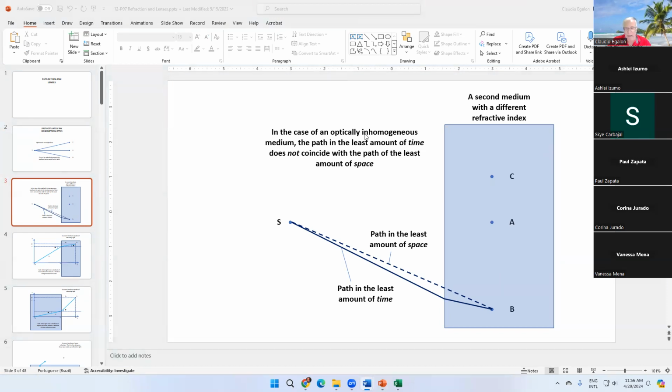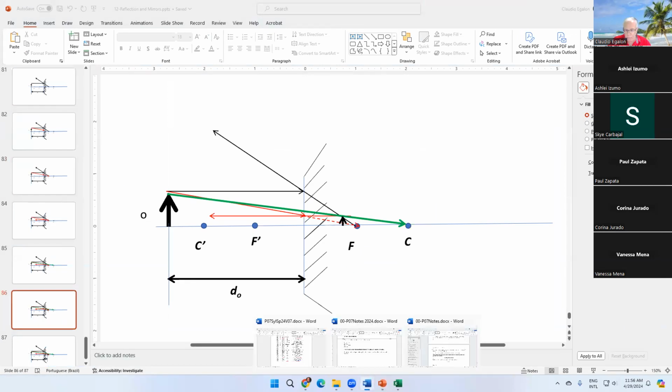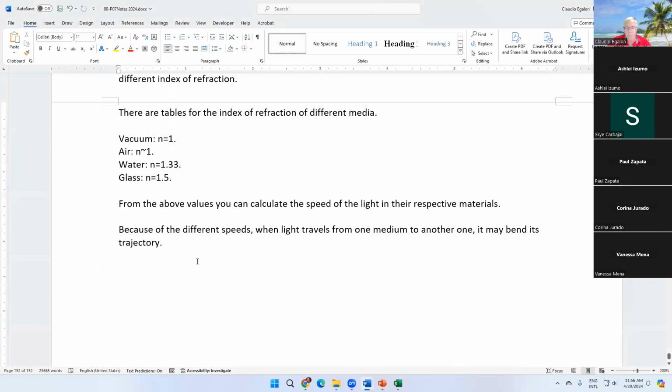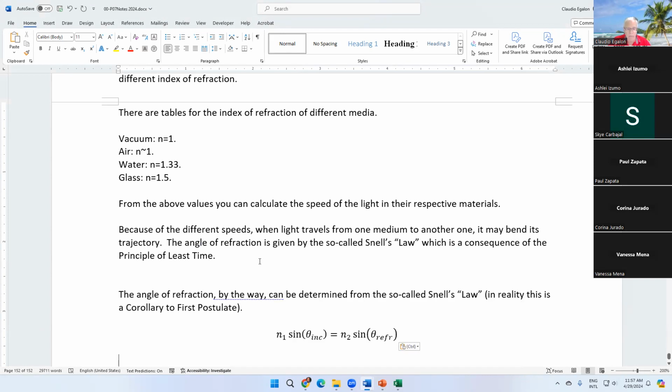According to it, the angle of refraction is given by the so-called Snell's law, which is a consequence of the principle of least time. And here you go, that's the equation.